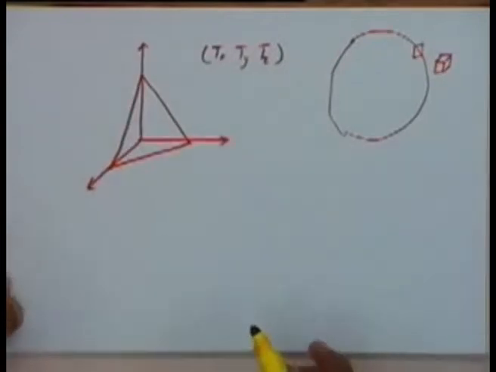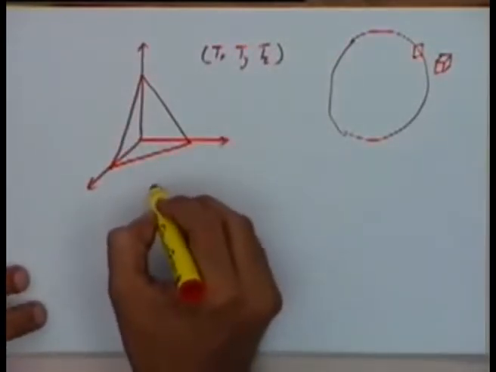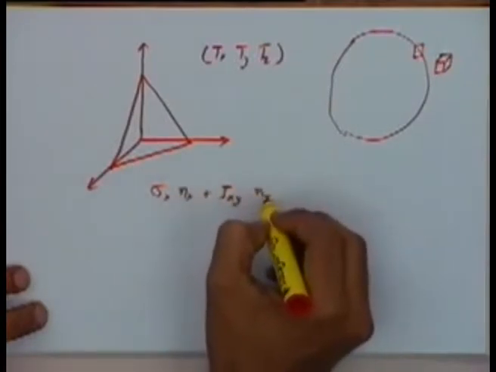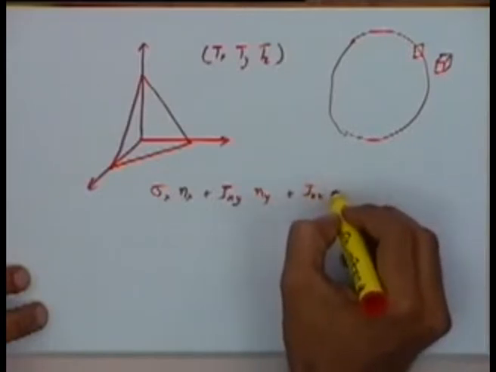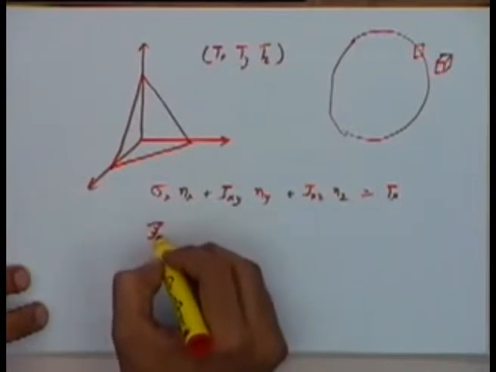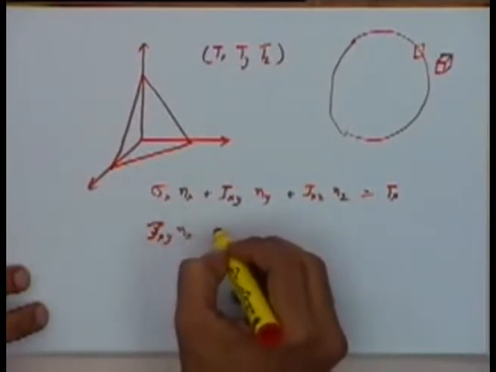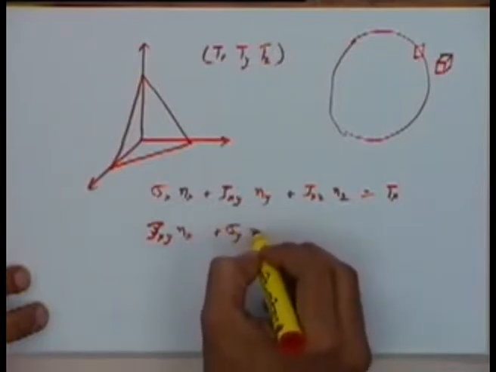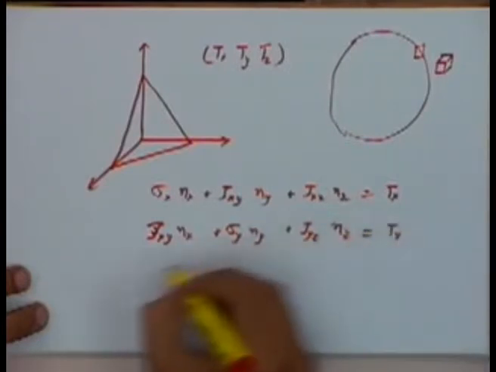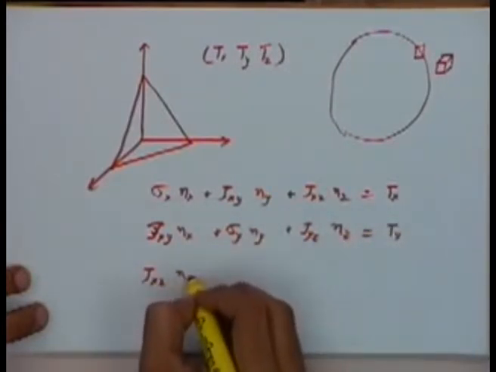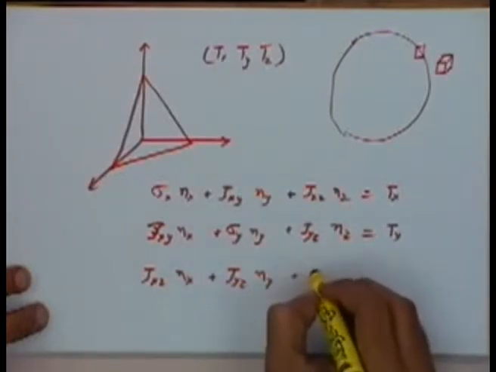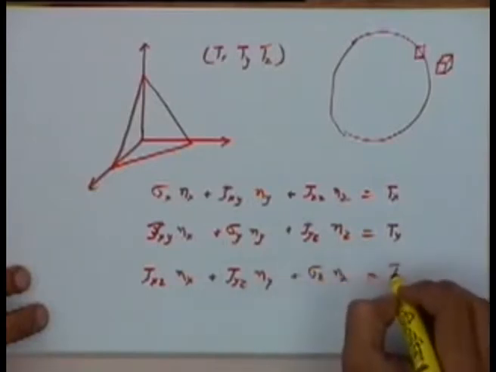If I write down the equations of equilibrium for this, what we will get would be something like this: sigma x nx plus tau xy ny plus tau xz nz will be equal to tx, and tau xy nx plus sigma y ny plus tau yz nz will be equal to ty, and tau xz nx plus tau yz ny plus sigma z nz will be equal to tz.